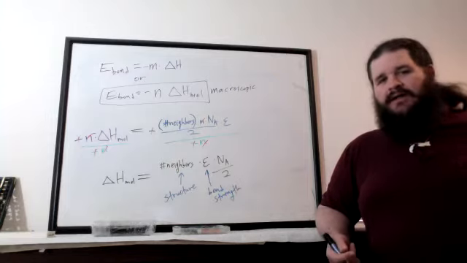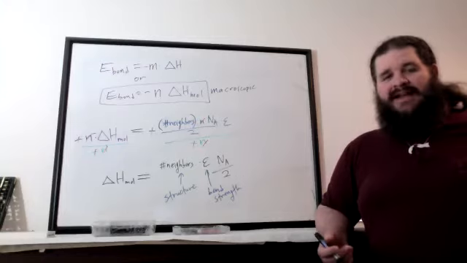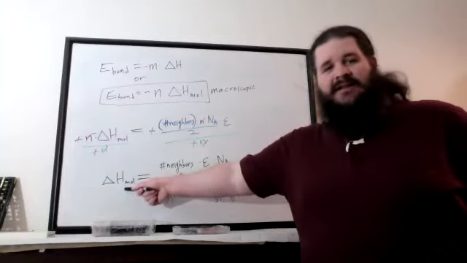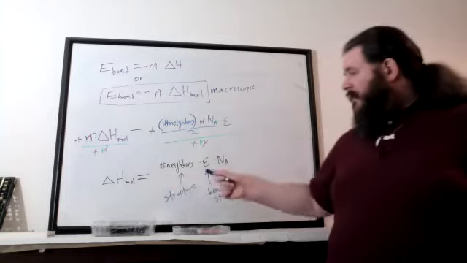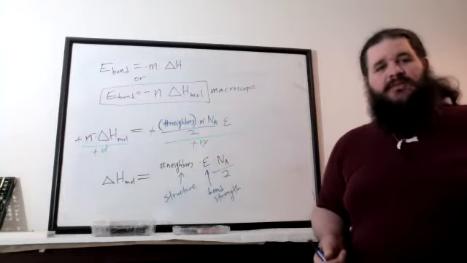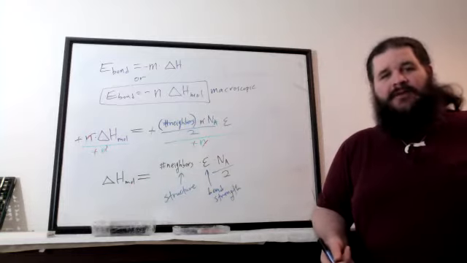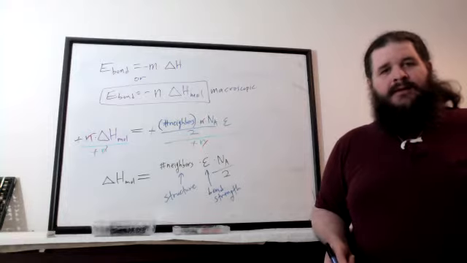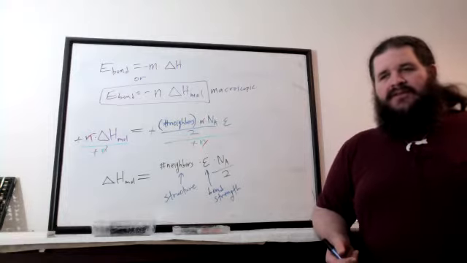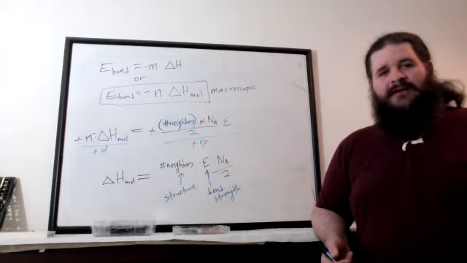So this is a very convenient and useful connection between what's going on macroscopically that you can directly measure and what's going on microscopically that's too small to measure, but that we can infer from other information. And this is really one of the biggest pieces of evidence in favor of atomic theory in the first place.